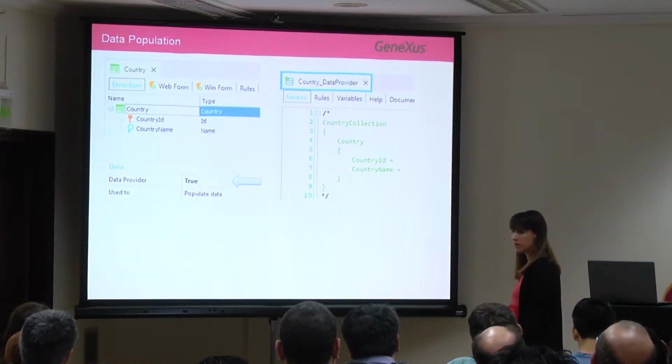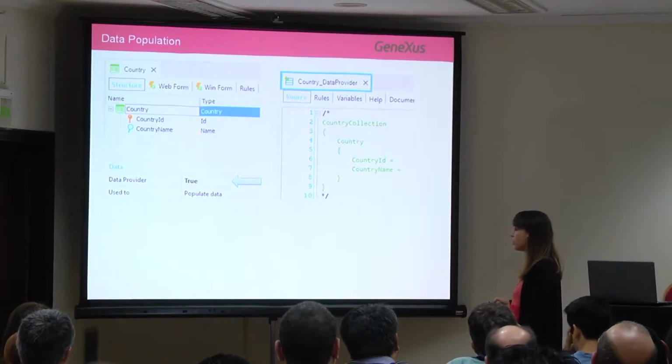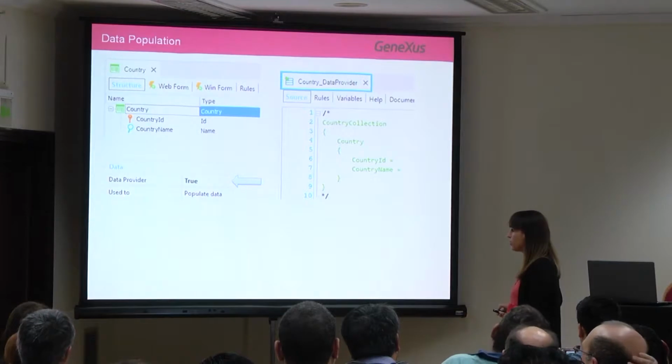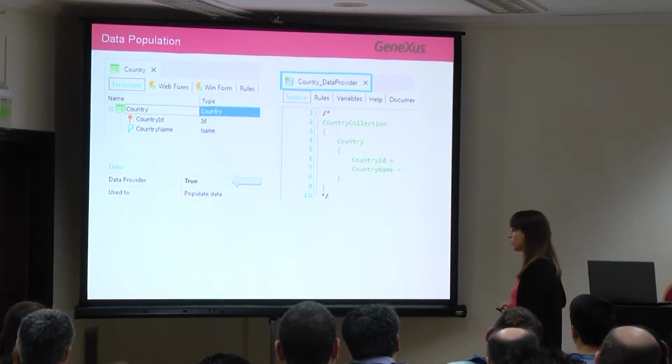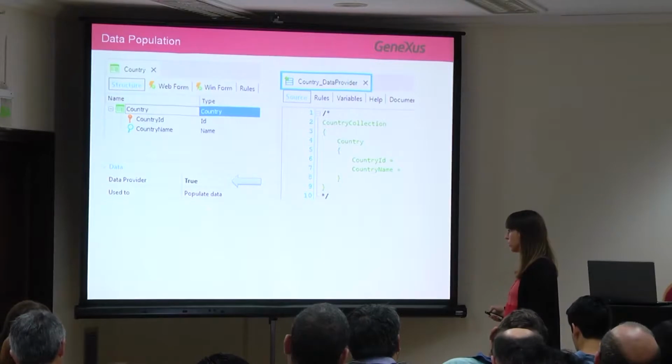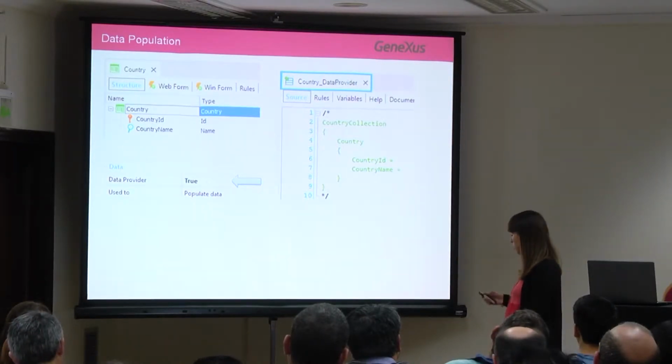Now, I simply turn on this data provider function, and what's happened is that the data provider was created associated to the transaction. Then one further transaction property is added, and it's configured with data population. You're going to see there is another value for this property, which we're going to see later on.